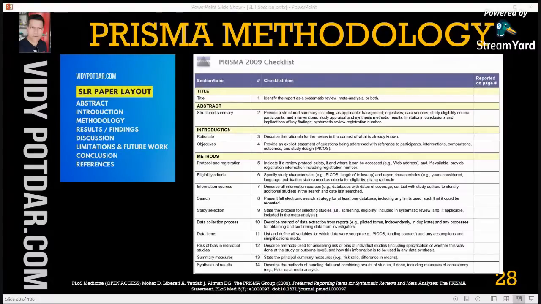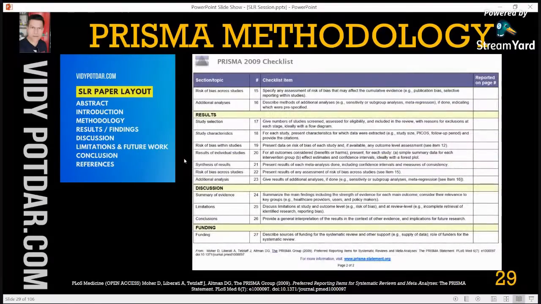Okay, if you look at this paper layout, you would be able to see the headings that align. So there is a section for abstract in the checklist, introduction, methods or methodology. If we move on to the next slide, you can see the section for results, which is here. Then the section on discussion.